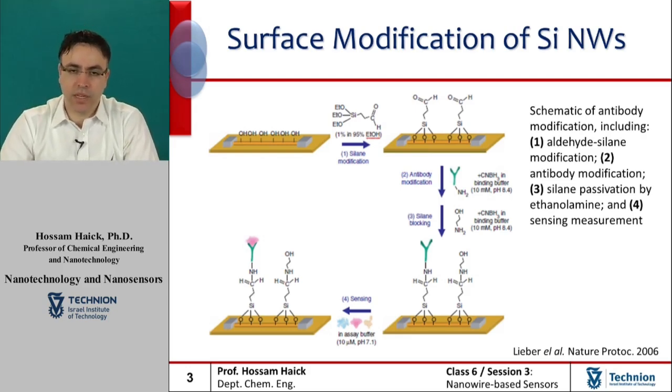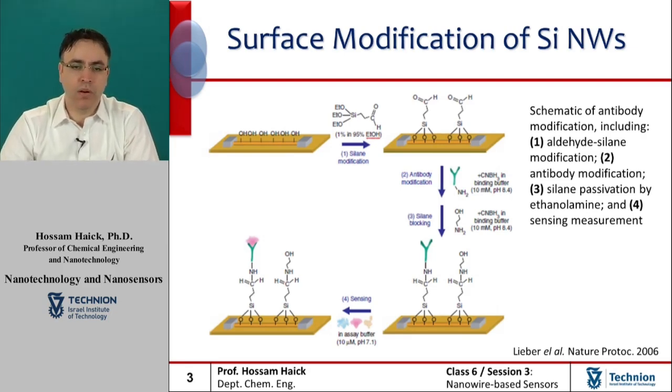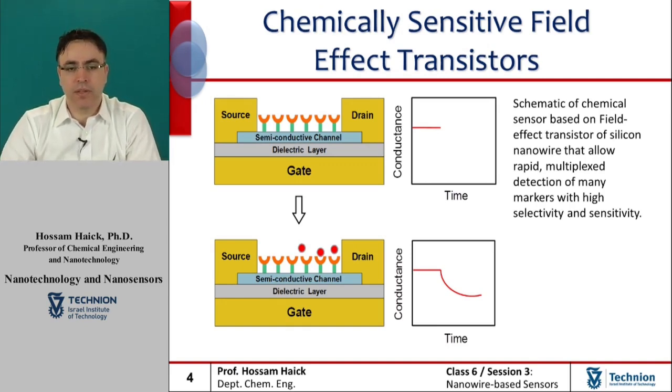And in the last step, the targeted molecules are attached to the molecular modification and the sensing process is therefore accomplished. The sensing process itself can be configured from a field effect transistor device as illustrated in the presented schematics.